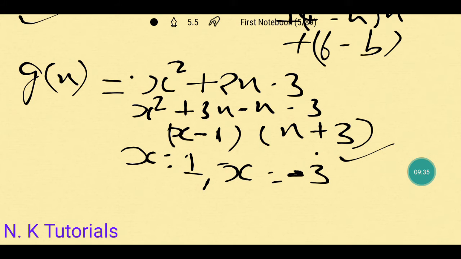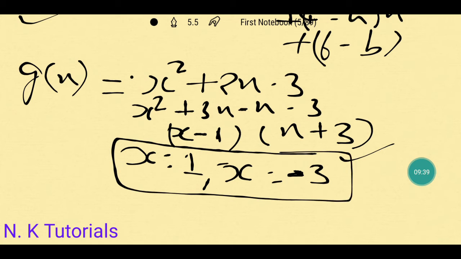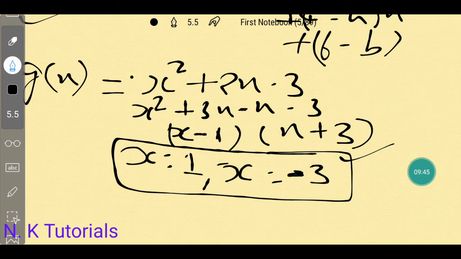Now we have got the two values, and we will apply the factor theorem and find the values of a and b.